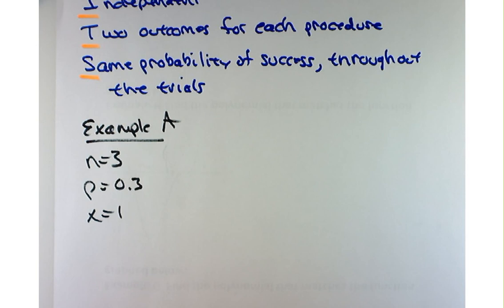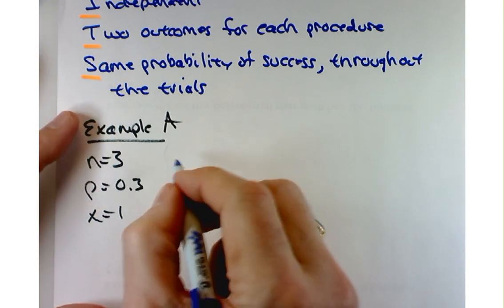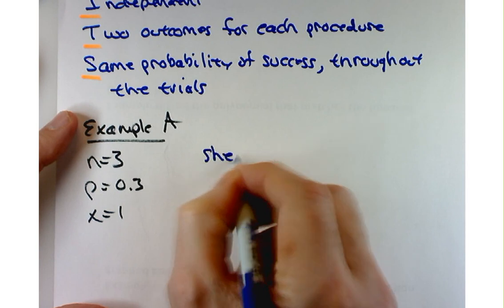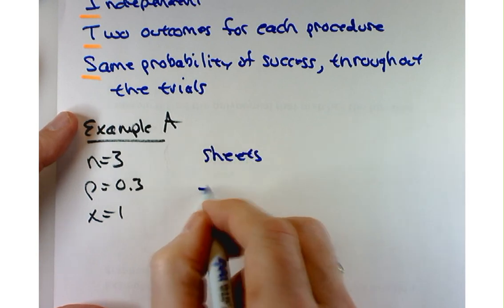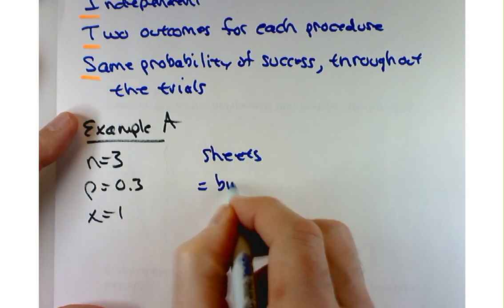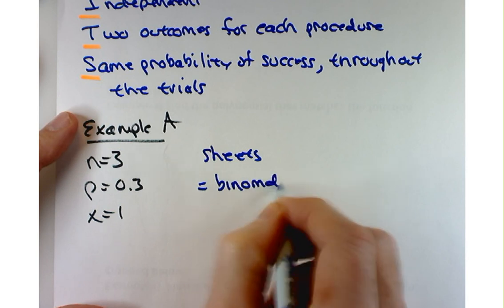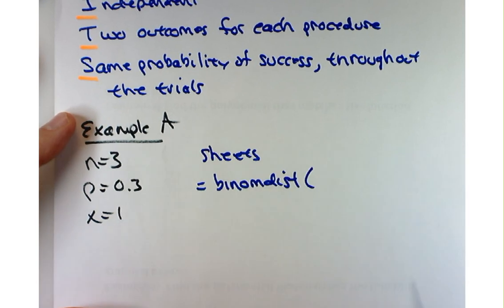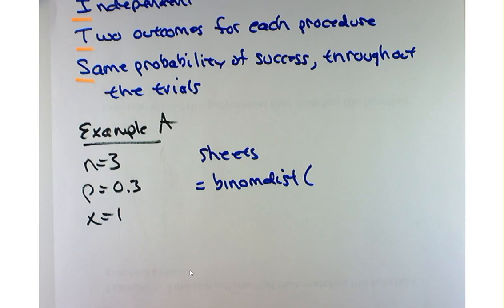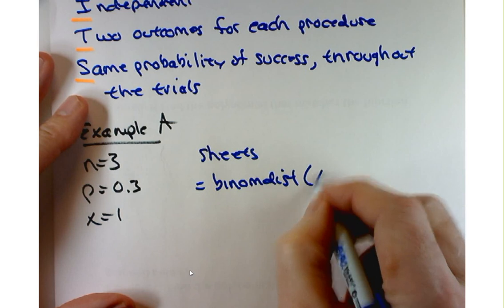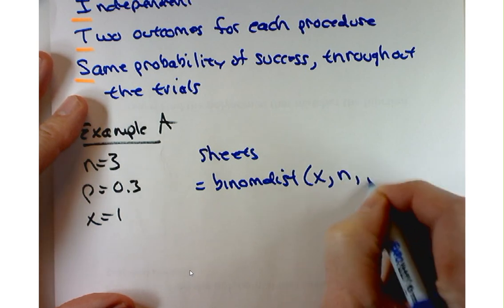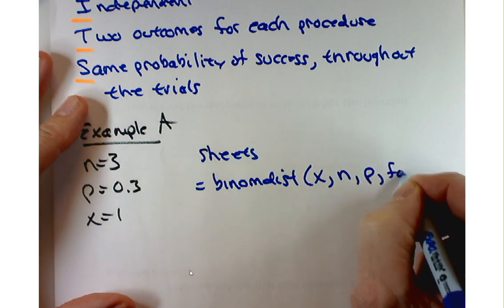If I want to calculate this on Google Sheets, the format of the command is, of course, equals binom distribution. I just have to double check it for myself real quick. I always mix up the 2 of these. It's going to be your X, then your N, then your P, and then false.